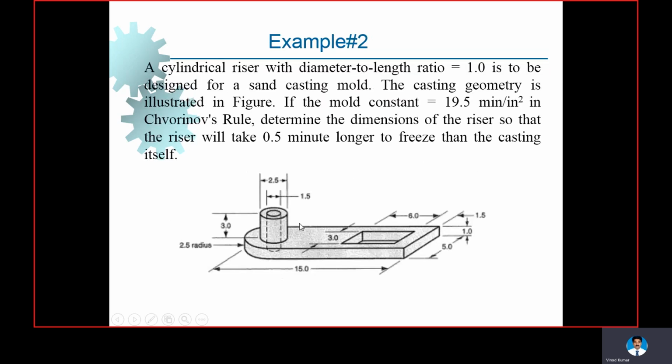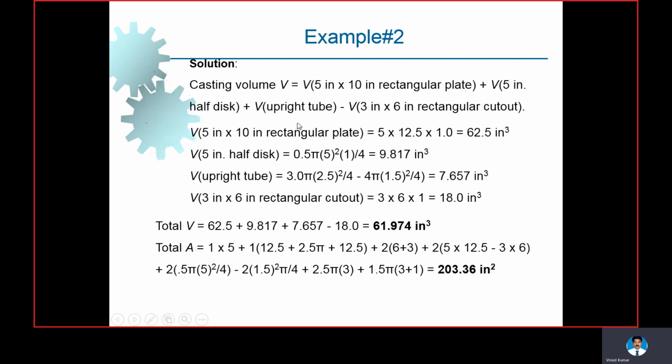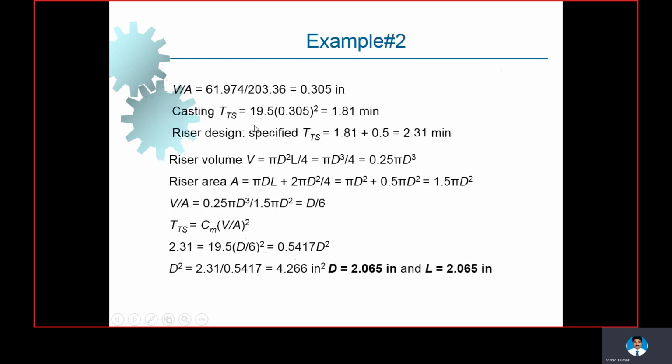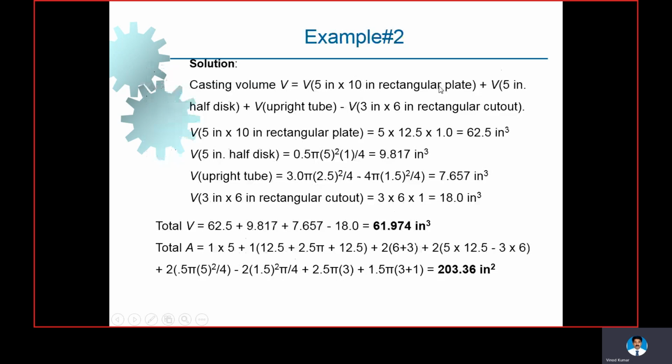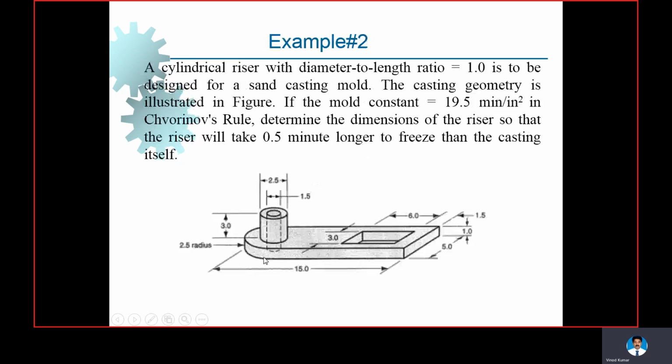So here, consider a rectangular plate until here. Here is the volume of the rectangular plate, which is given here, that is the first one. Then the volume of the half disc.